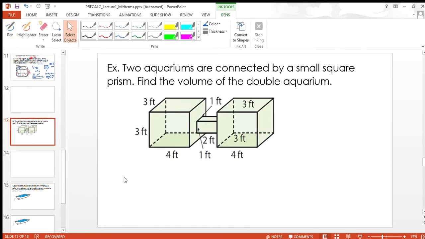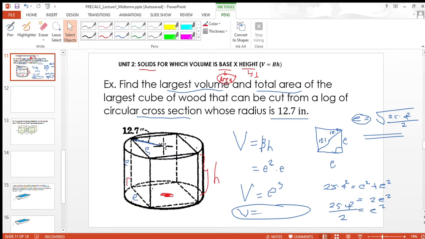Next example. We have two aquariums that are connected. Sorry, there's one more thing that we need to solve here. We also need to get the total area. So before we proceed with the next problem, the total area will be the area of all the surfaces.